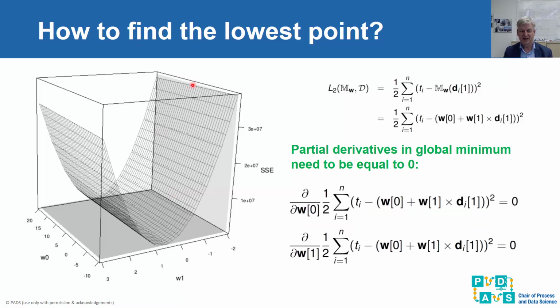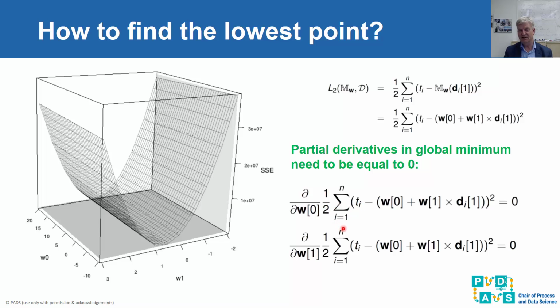If we are at the lowest point, then we know that the partial derivatives will be equal to 0, because we can walk in no direction lowering the error. So that corresponds to this equation.